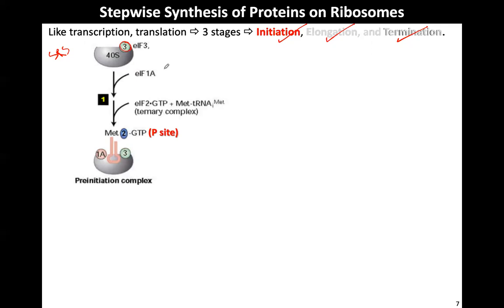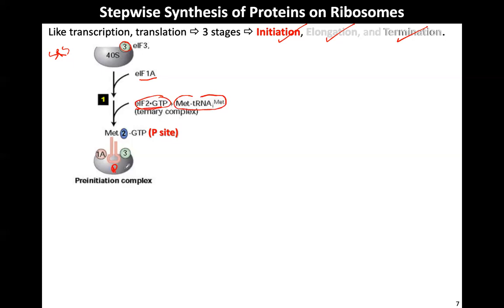Then, with the participation of initiation factor 1A and initiation factor 2, which is bound with GTP, you can see now that the transfer RNA iMet should sit in the P site, as you can see. So that's the P site. Now the whole complex is called the pre-initiation complex of translation.